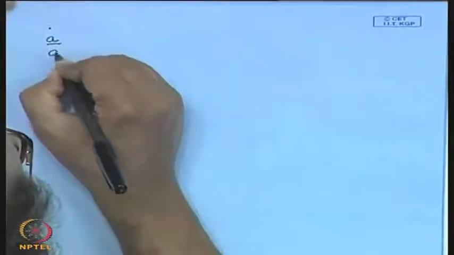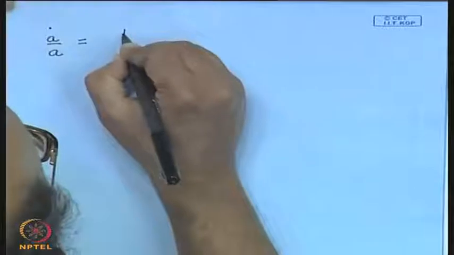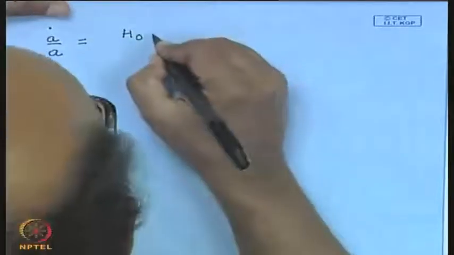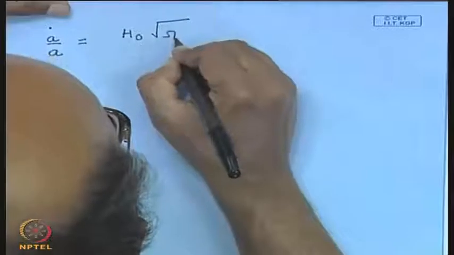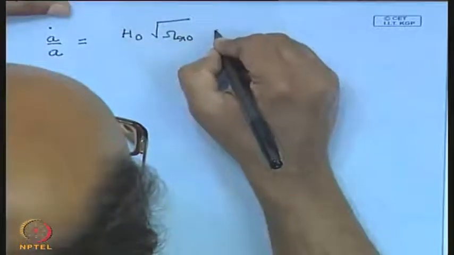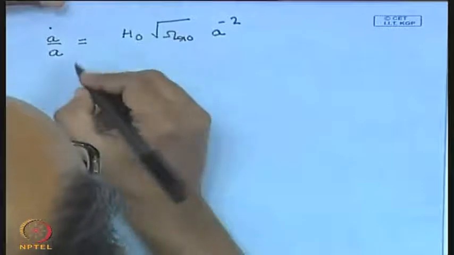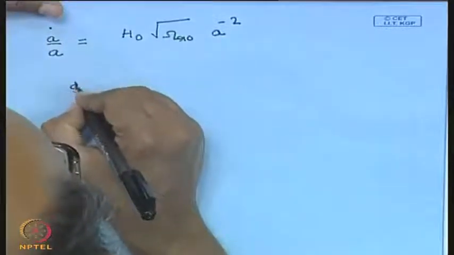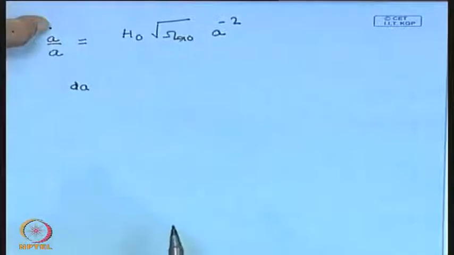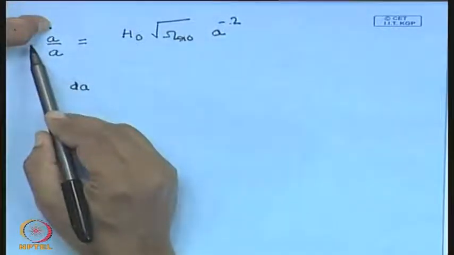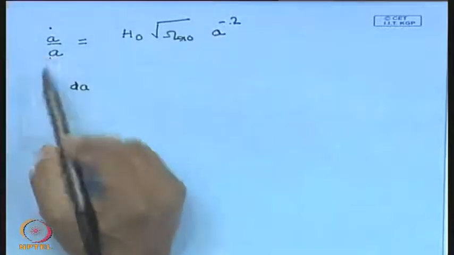A dot by A is equal to H naught square root of omega r naught a minus 2. So, I can write this as dA by dt, and if I take this onto the other side, I will get a square, one of the a will cancel out.